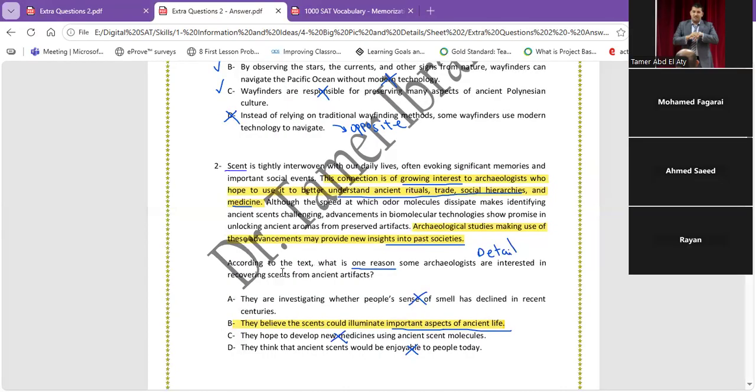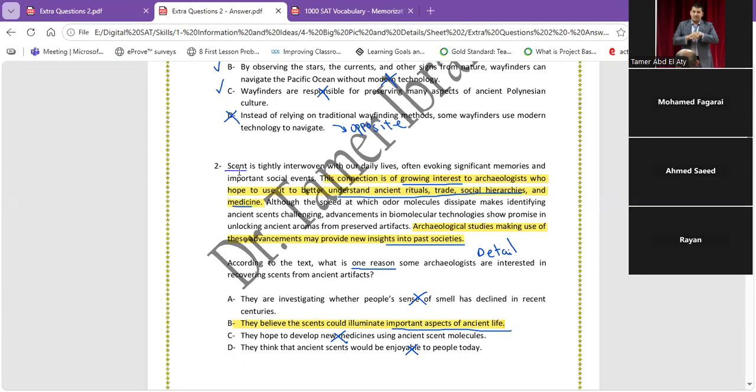Here he said, according to the text, what is one reason some archaeologists are interested in recovering scents from ancient artifacts? Why are archaeologists interested in recovering scents from ancient artifacts? Let's read up to find why they are interested.